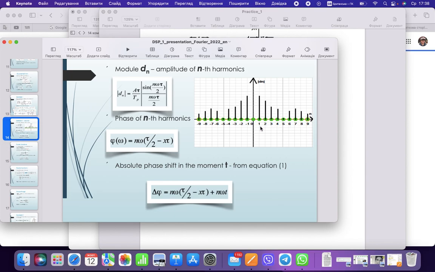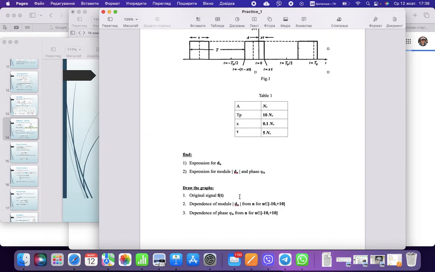You will just put 1 omega, 2 omega, 3 omega, and so on. So you will obtain these values, you will put them on a graph, and then it will be your task number 2 in graphical form. And the same you can do for the dependence of phase shift phi on n for the same range of n changing from -10 till 10.